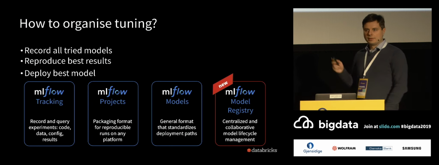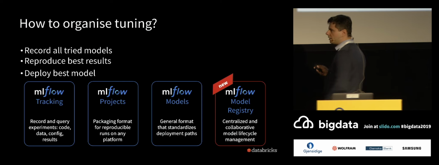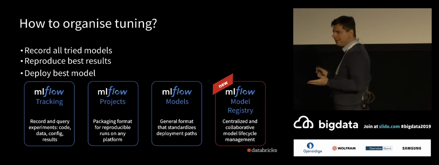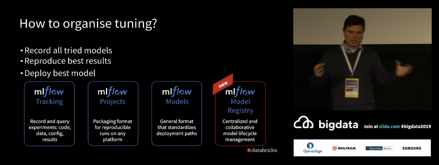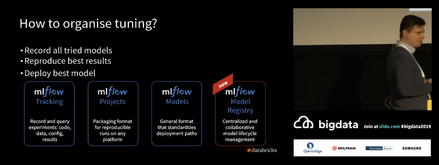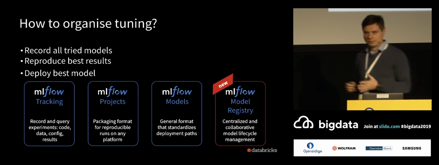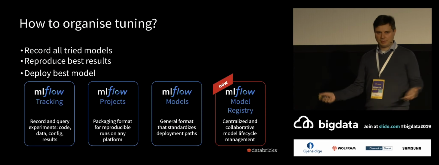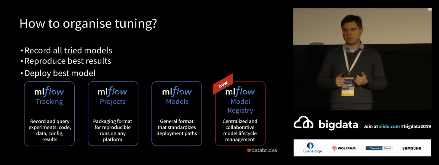And the interesting question is how we can organize all this. Tuning means that we will come up with some hyperparameter combination. We run this, and after that maybe we run it a couple of times, and then we see what the results are, and then we come up with a better version of our hyperparameters.